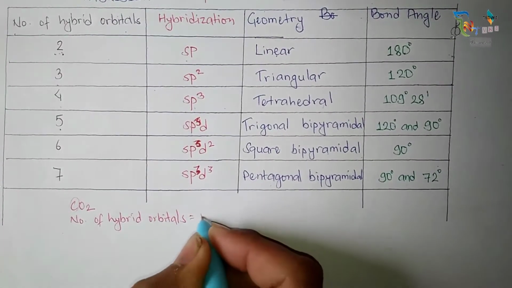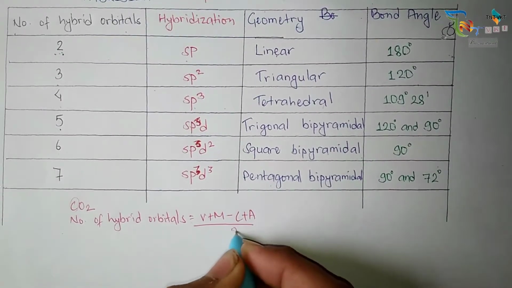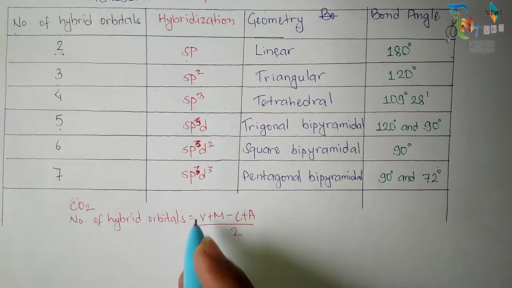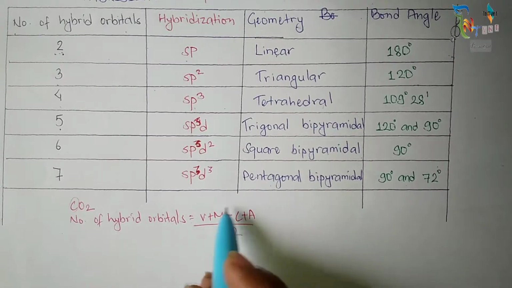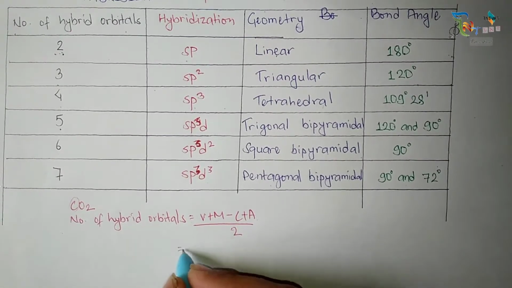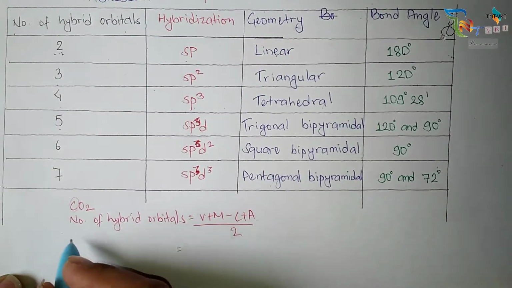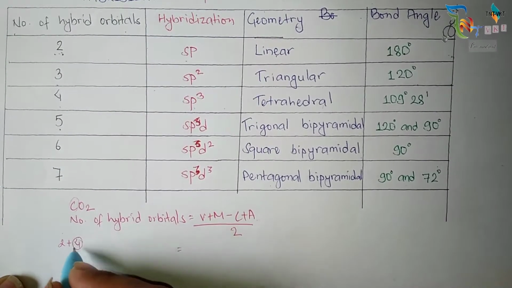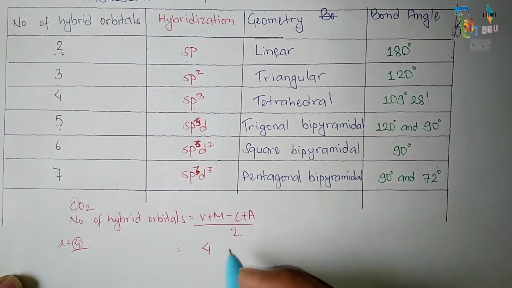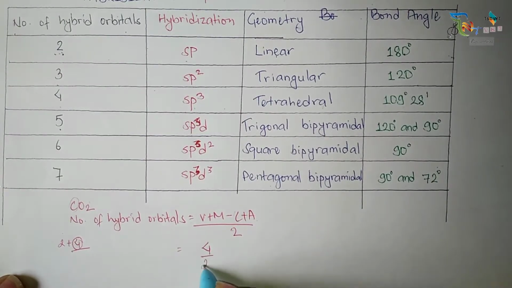The formula is B plus M minus C plus A, by 2. You can find the full form of these abbreviations in the description link to my other video. Now valence electrons in carbon, atomic number 6, 2 plus 4, so 4 valence electrons. It is not a monovalent atom, and there are no cations or anions, so divided by 2 it will be 2.